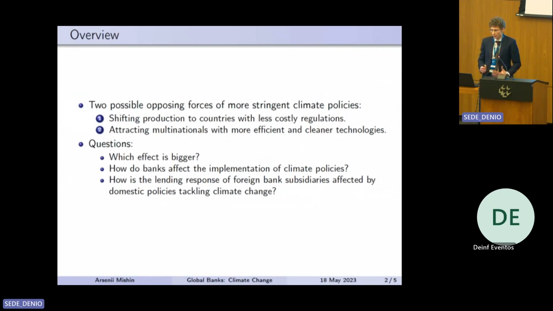And a big question is, what is the role of banks in transmitting shocks, in transmitting climate policies in this case? And a specific question that the authors ask is how is the lending response of foreign bank subsidiaries affected by domestic policies related to climate change.